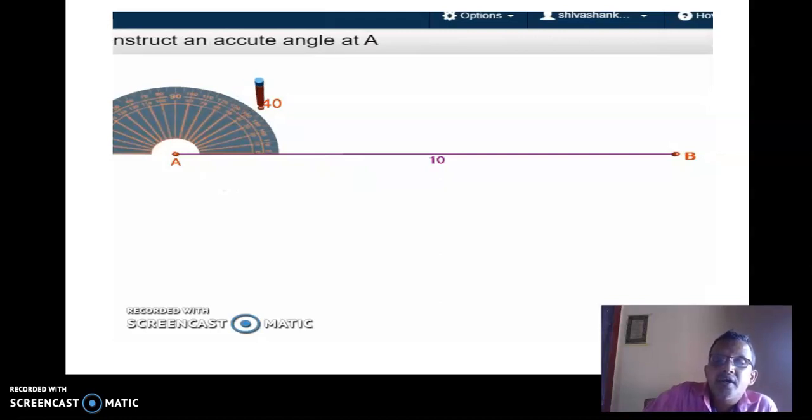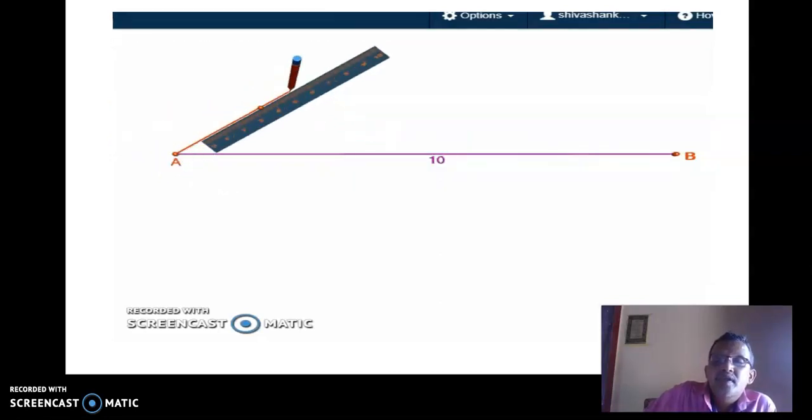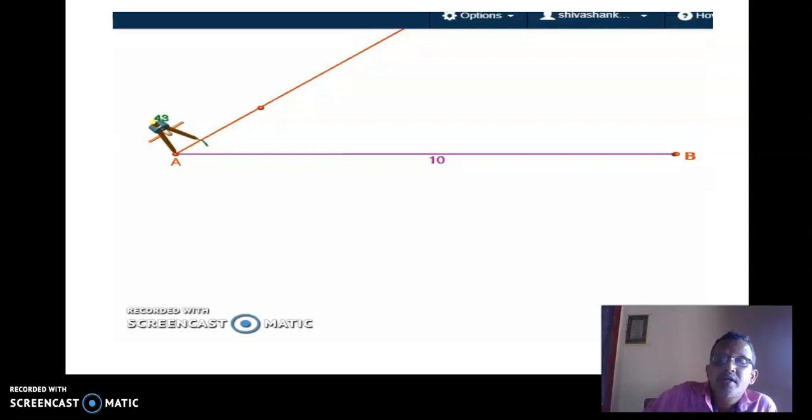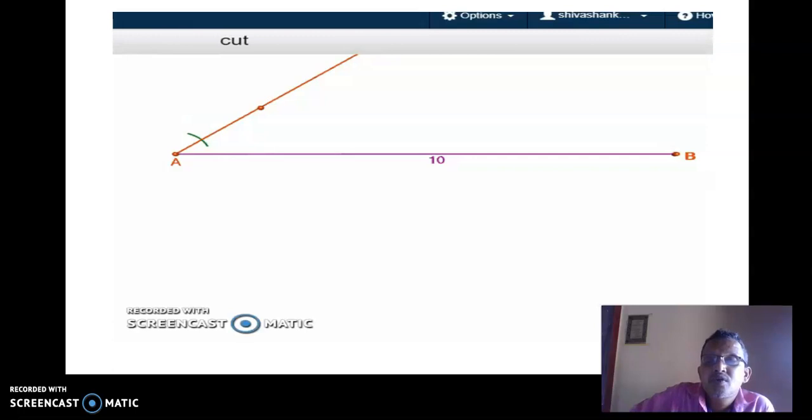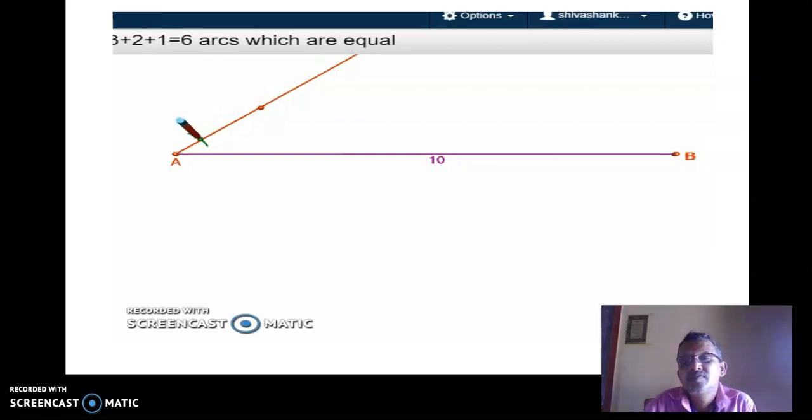So this is at A. Any acute angle, either 40, 50, like that. So now draw the 6 equal arcs. 3 plus 2 plus 1, 6 arcs, which are equal by same radius.